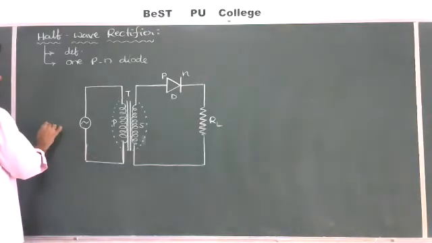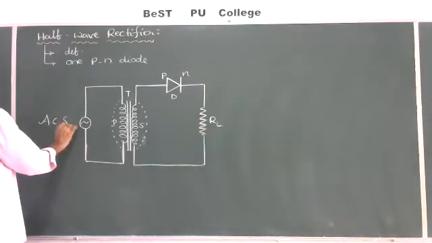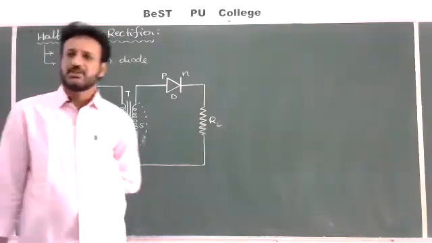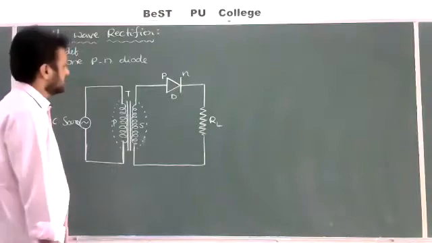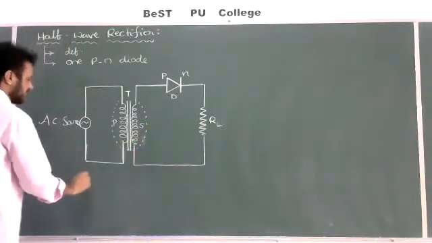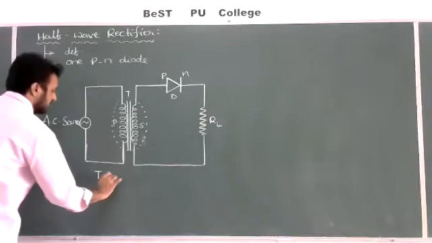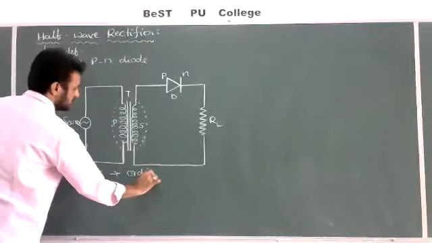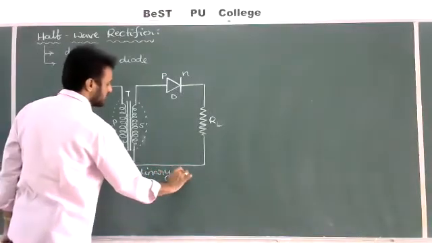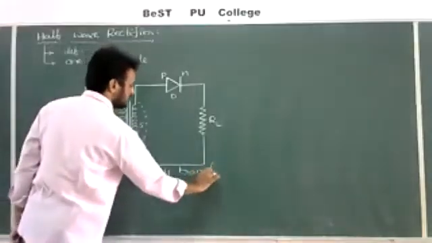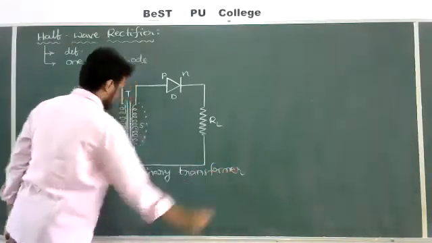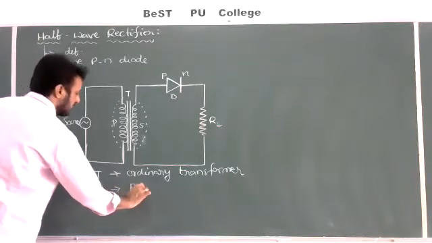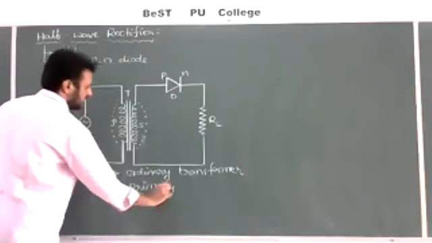So it is AC source. P indicates a primary coil. Next RL indicates a load resistance. D, diode. I'll write here. So T represents an ordinary transformer. Next P indicates a primary coil of the transformer.